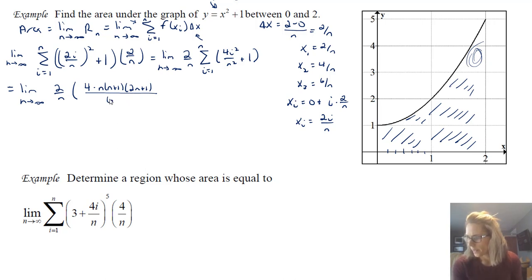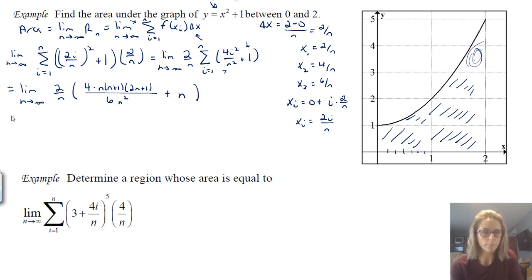And don't forget my n squared down here. I got to include that, and then plus adding up the summation of 1, so that's just n.